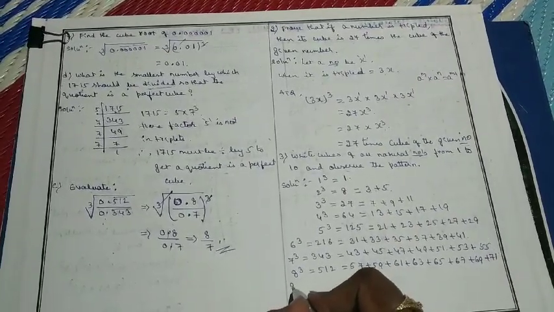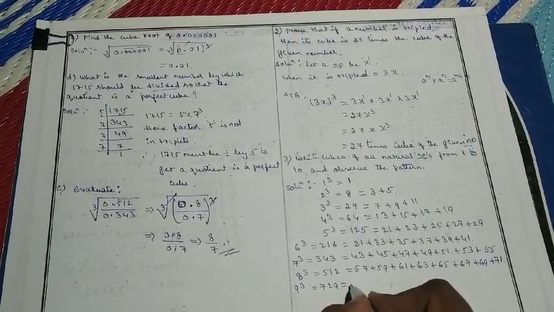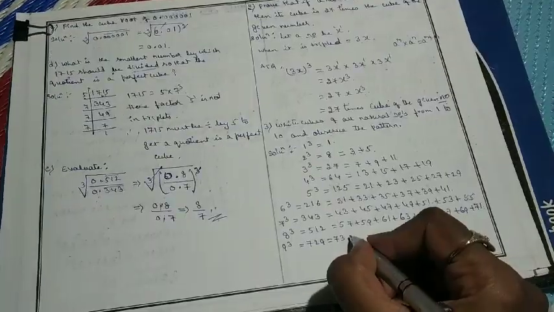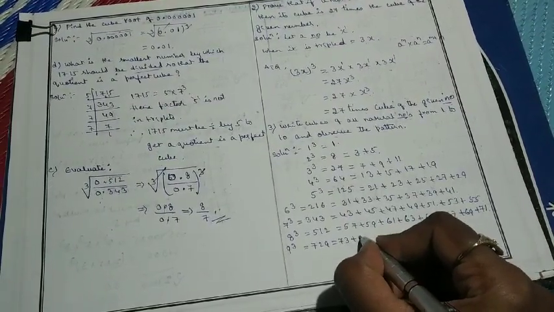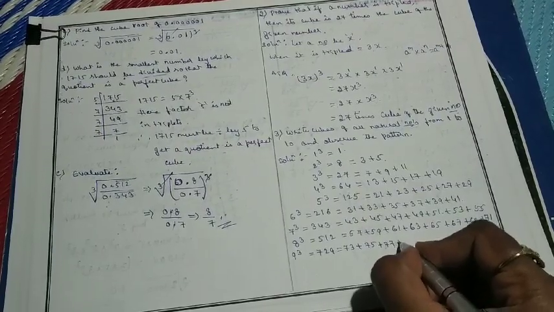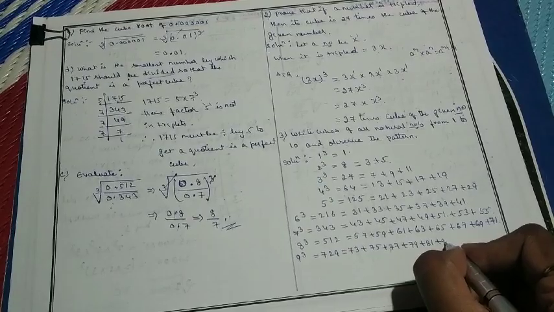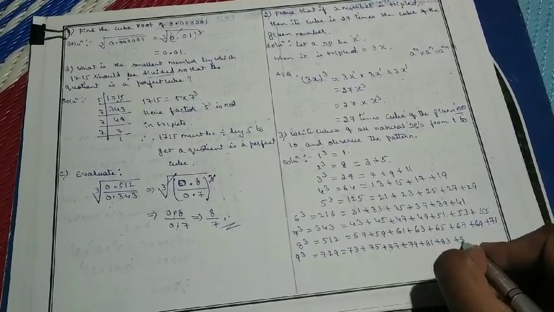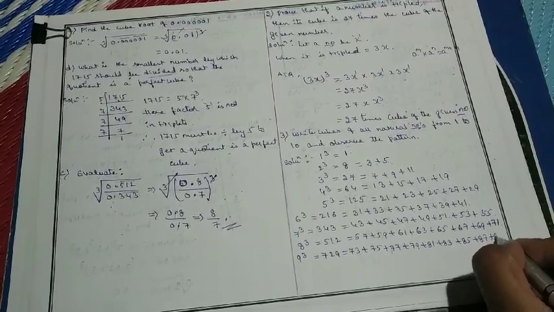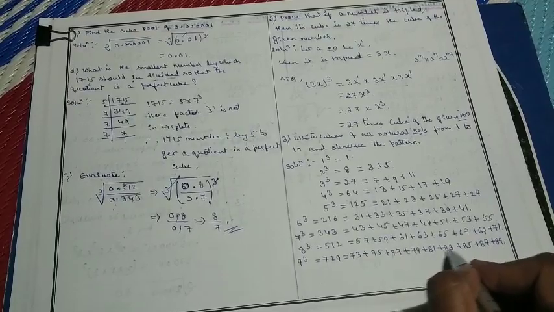Next 9 cube. 9 cube is nothing but 729, which equals, after 71 the next odd number is 73 plus 75 plus 77 plus 79 plus 81 plus 83 plus 85 plus 87 plus 89. So 9 odd numbers. 1, 2, 3, 4, 5, 6, 7, 8, 9.